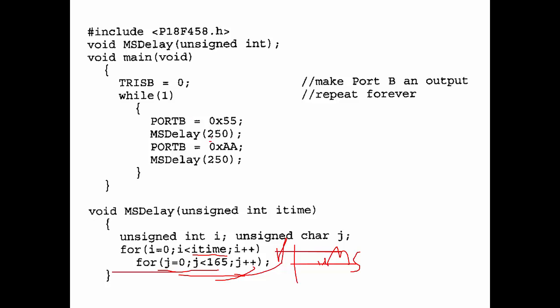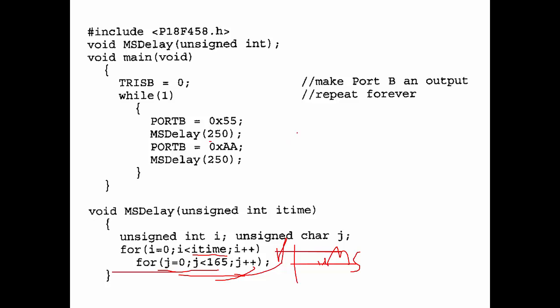For example, if I am going to make a 250 milliseconds delay, then I have to feed the value 250 here. If i runs only one time and j runs 165 times, it will create a 1 millisecond delay. So in order to create a 250 milliseconds delay, I have to feed 250 in the i loop. That is the condition.